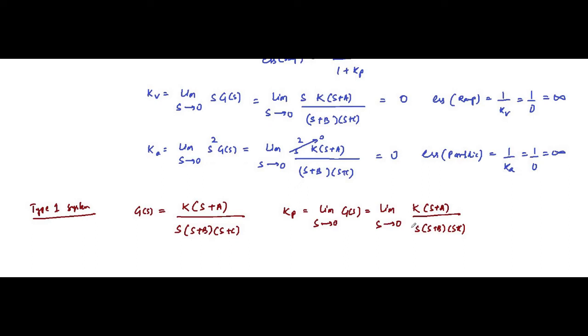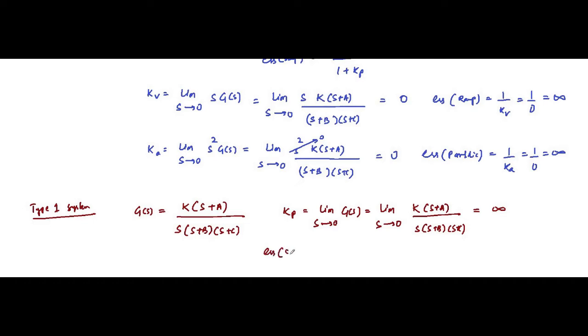When we substitute in the denominator this single s as 0, no matter what the values of the other poles and zeros are, when 0 comes in the denominator, the result will always be equal to infinity. Something by 0 will always be equal to infinity, because 0 will get multiplied with all the other factors in the denominator and the result will be 0. So here position error constant is equal to infinity.